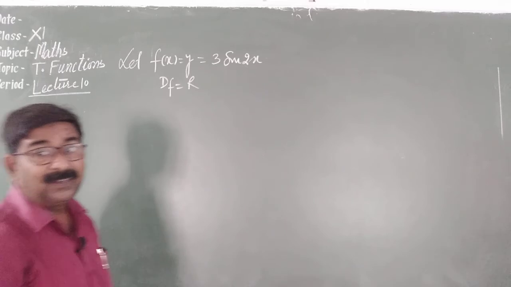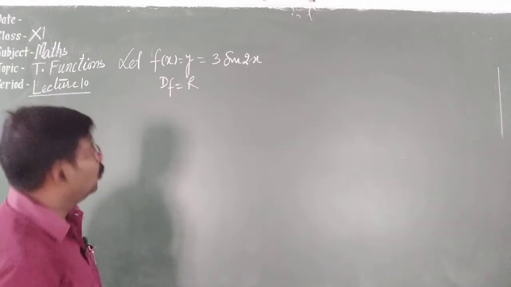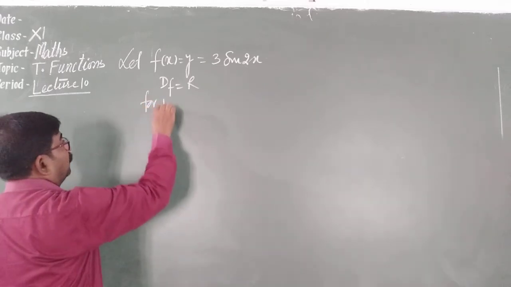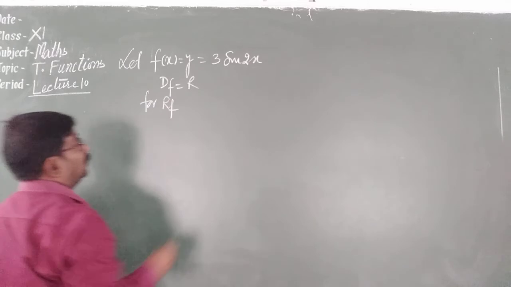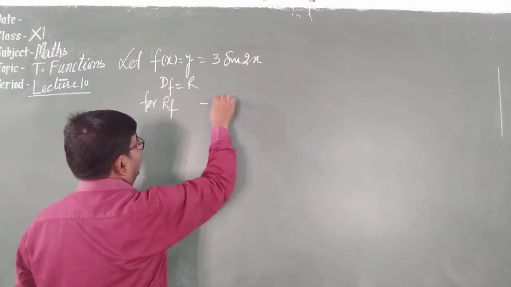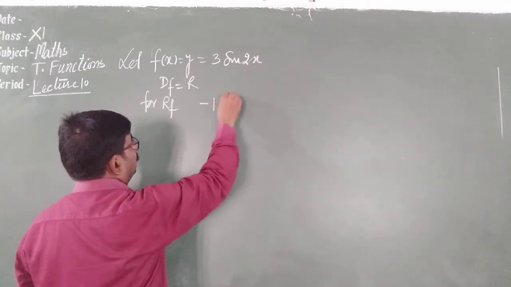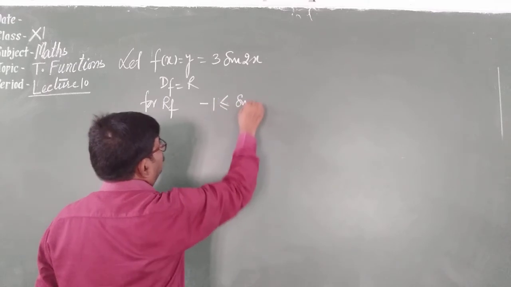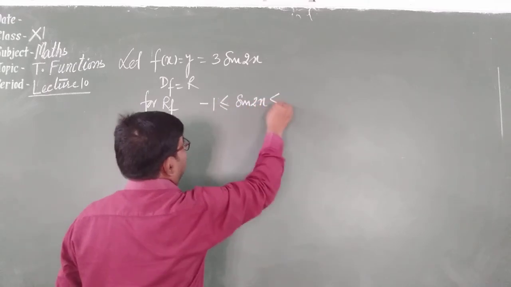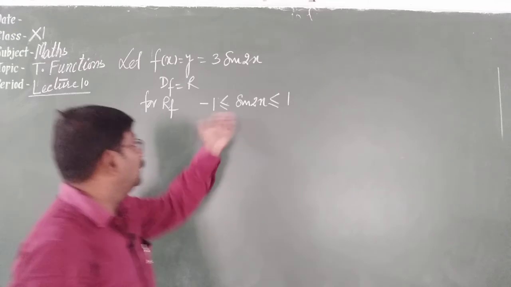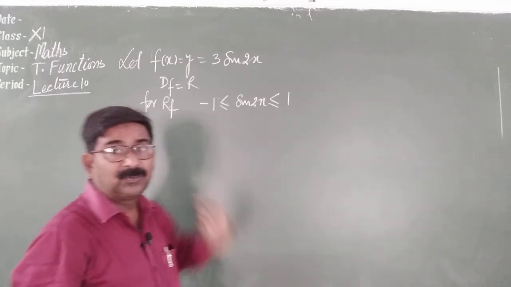Now let's find the range. So how to find the range? For the range of the function we can write -1 ≤ sin 2x ≤ 1, because sin is between -1 and +1.